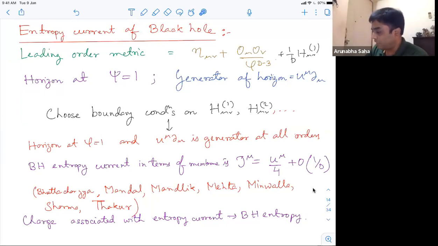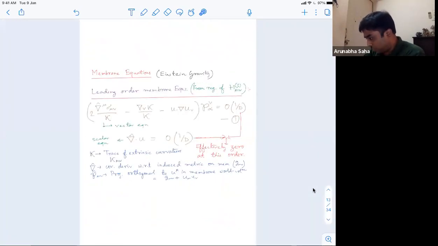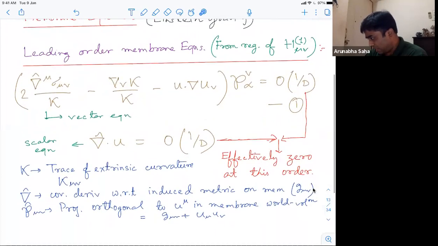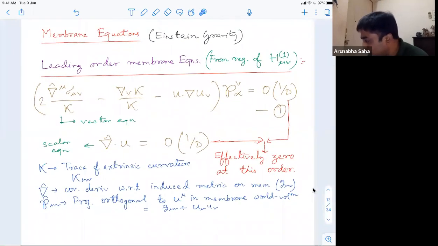Among many other results, one of the primary results was that the entropy current for black holes in Einstein gravity under this map between black hole and membrane is proportional to the velocity vector, and the proportionality constant is 1/3. There are 1/D corrections to this, but this is the result. Now, as Sandeep asked, how is this related to dissipation? You can see that one of these equations is that the divergence of U is 0 effectively to this order.